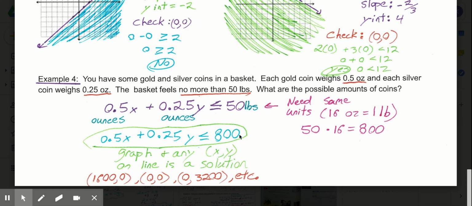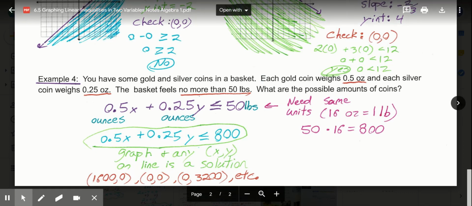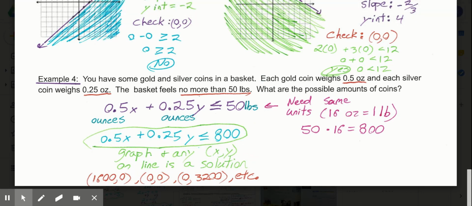Then our way to answer this question would be, and I apologize, my graph did not copy over, right? But what you would want to do is graph this inequality. Or you could plug in for x and y and figure out possible answers.